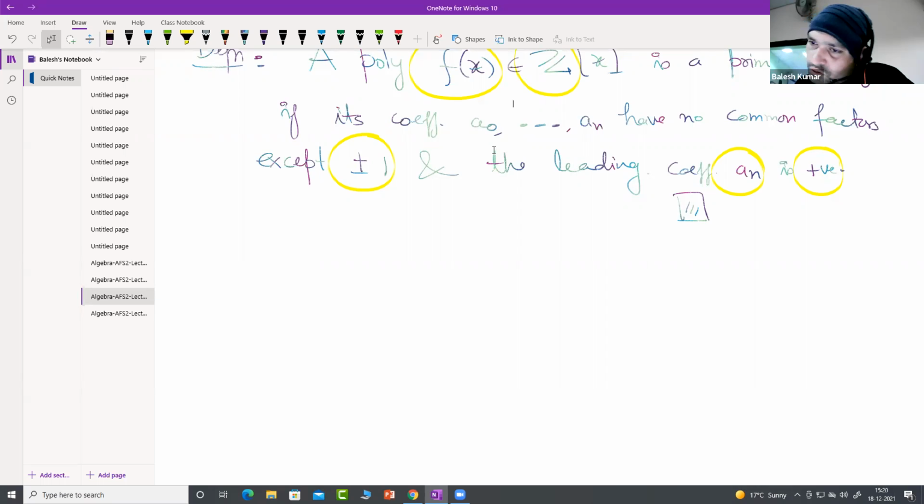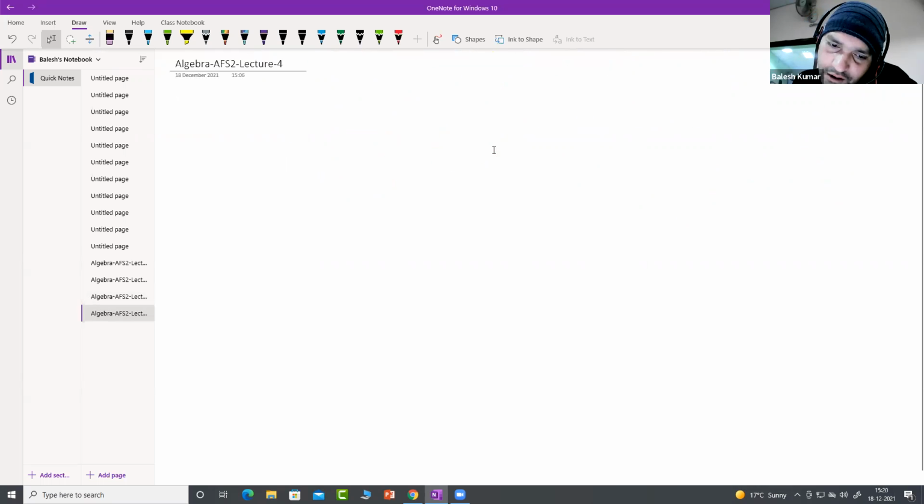The very first thing that we need in our discussion, which I will write as a proposition, is that if you take two primitive polynomials, then their product is also a primitive polynomial. So let me write it down as a proposition.